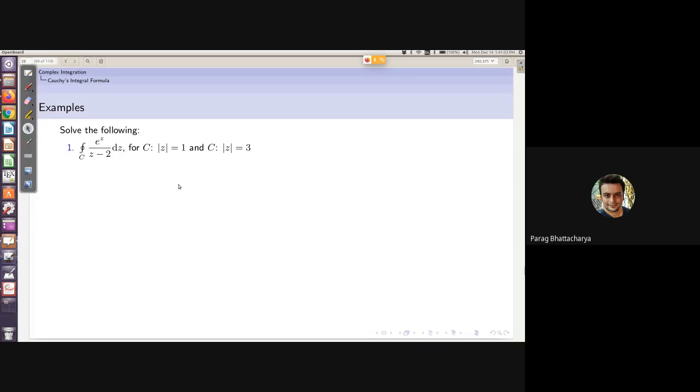Okay, so let's consider this problem. The problem is you have to integrate e to the power z by z minus 2 for this one. So let's go ahead and do this. Let me just copy this problem.